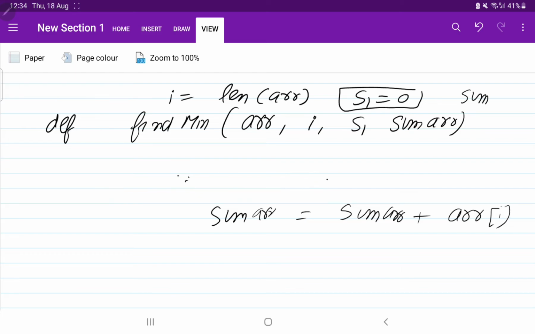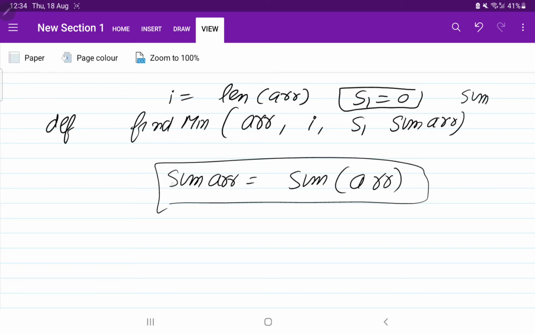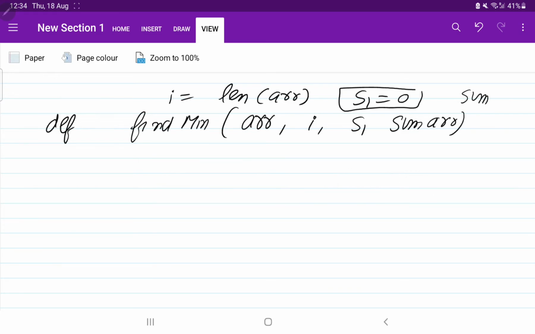Or you can directly write in Python, there is a function which will give you the sum of the array directly: sum array is equal to sum of the array. In Python we can directly write this, or in C, C++ you can write accordingly. So we have S1, we have sum of array, and I is the length of array. These things are going to be passed.